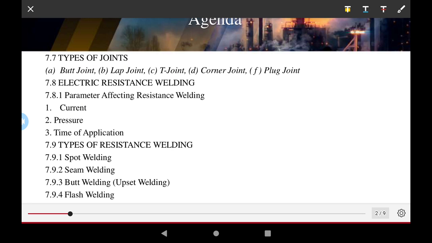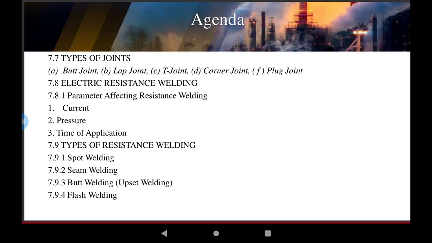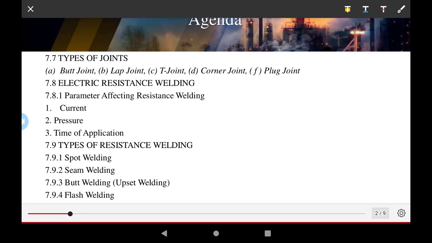The types of resistance welding: spot welding, seam welding, butt welding or upset welding, and flash welding. These are the points present in this video in very detail.